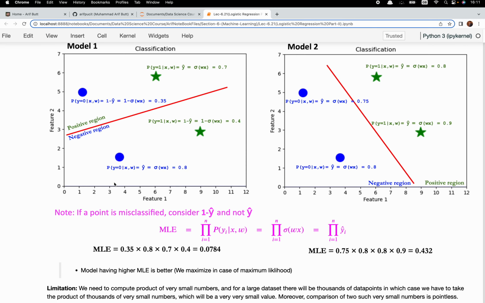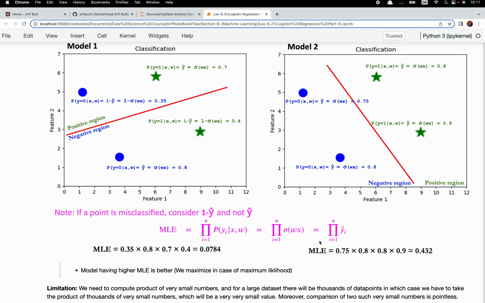My dear students, now based on the probabilities that these two models have assigned to the 4 data points, we can find out which is the better model out of these two. Let's compute the maximum likelihood for these two models, which is equal to the product of probabilities of all the data points. Once again, remember, for an incorrectly classified point, consider 1 minus y hat.